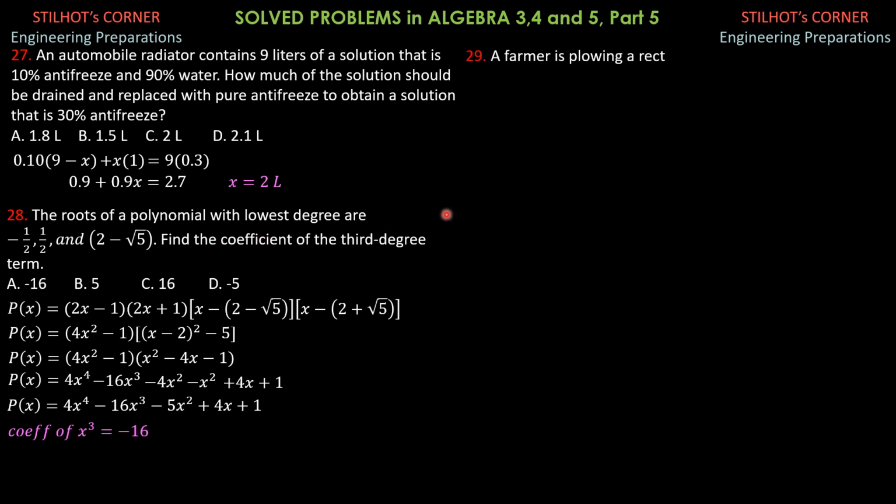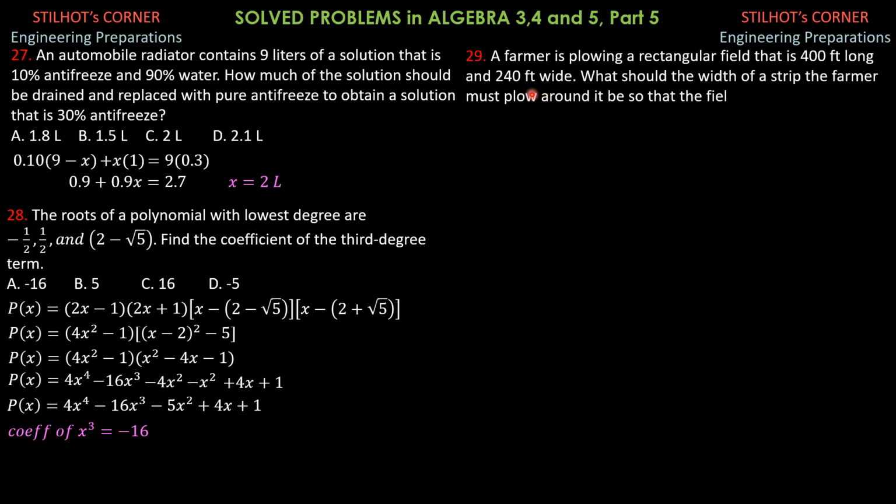Then, next problem, a farmer is plowing a rectangular field that is 400 feet long and 240 feet wide. What should be the width of a strip the farmer must plow around it so that the field will be 1/2 plowed?